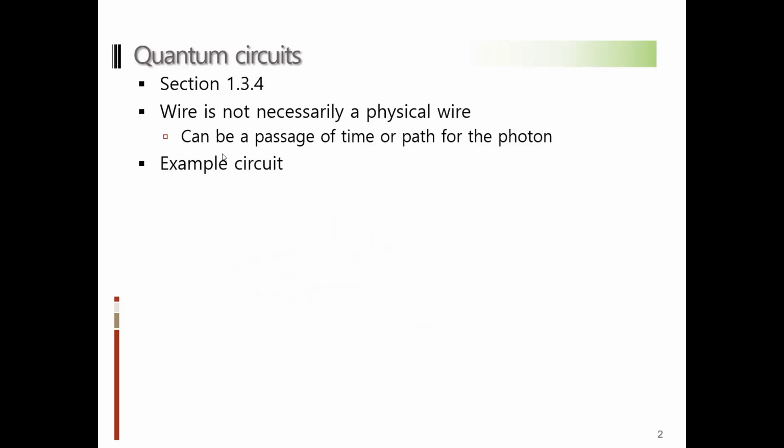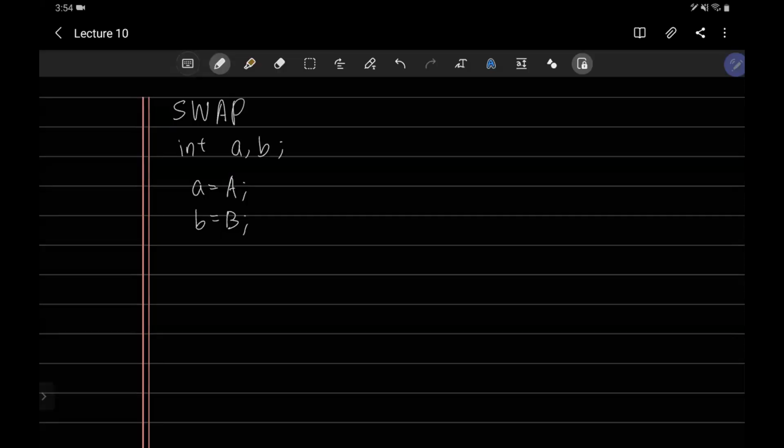The first type of circuit I want to show you corresponds to swap in programming. Let me think about the swap issue in typical programming, and then you can see the difference or the similarity between the quantum circuit and the classical circuit. The swap problem is the following.